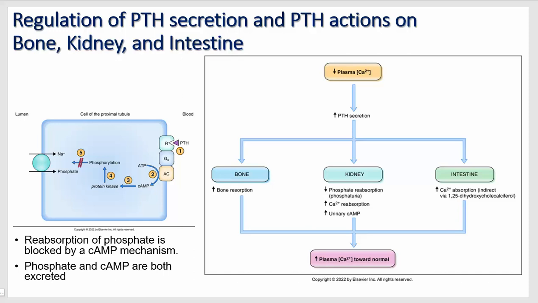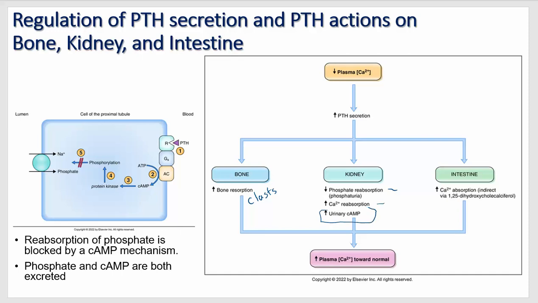It does 1, 2, 3, 4, 5 things, and really 4 that we care about. So bone resorption, yep, that's those osteoclasts. Okay, so we do have to remember some details about this. The kidney decreases phosphate reabsorption, so get rid of the phosphates, and increases the calcium reabsorption.